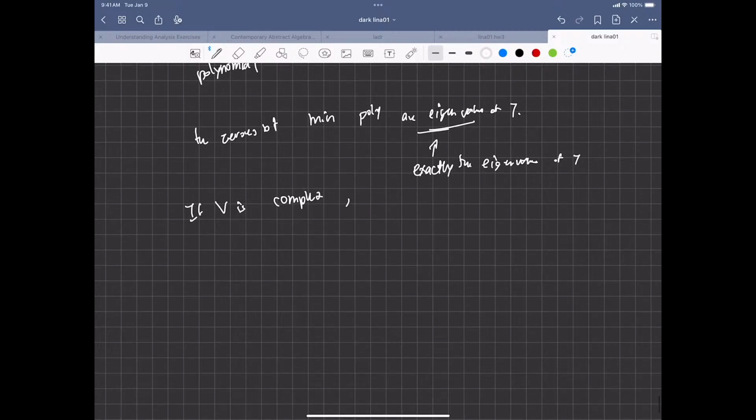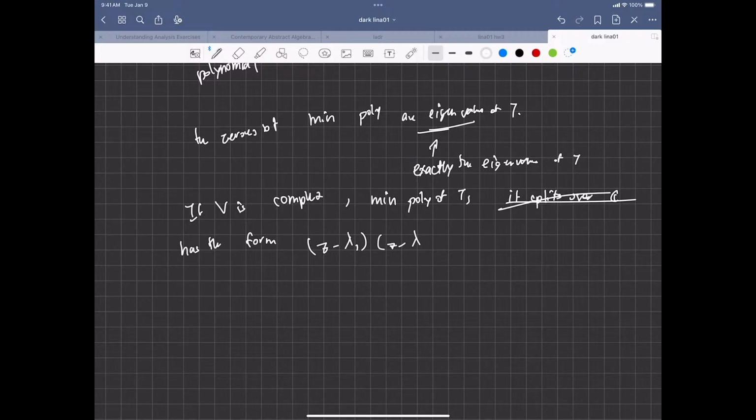So if V is complex, it turns out that the minimal polynomial splits over C and has this form. So if V is a complex vector space, V has a field over C, then the minimal polynomial has this form.